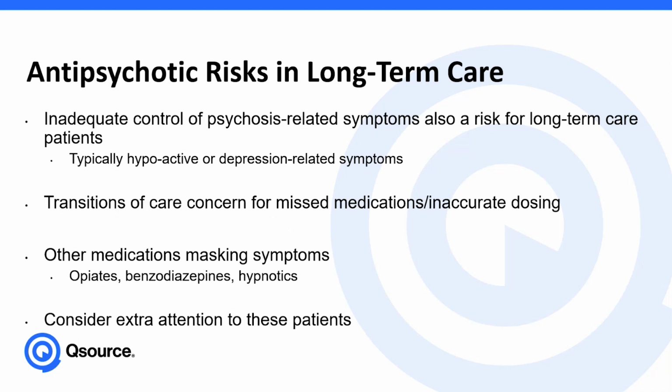We also want to think about risks for dose optimization. We want to make sure that they're not having inadequate control, and so they could be hypoactive or have depression-related symptoms, and so they're not having positive symptoms or positive behaviors that make your staff say, "Oh, this person is having a psychosis-related issue."